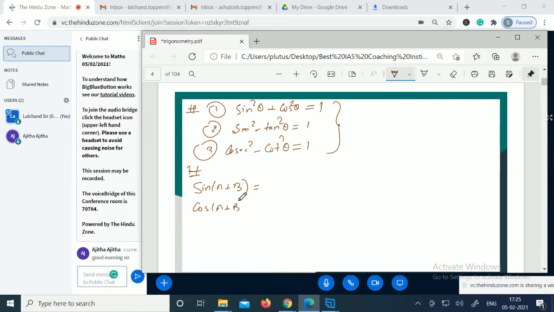Yes. Okay, so there is no need to explain all these formulas and patterns. Sir, once can you tell the expansions? Okay, so like sine A plus B, what is the formula?